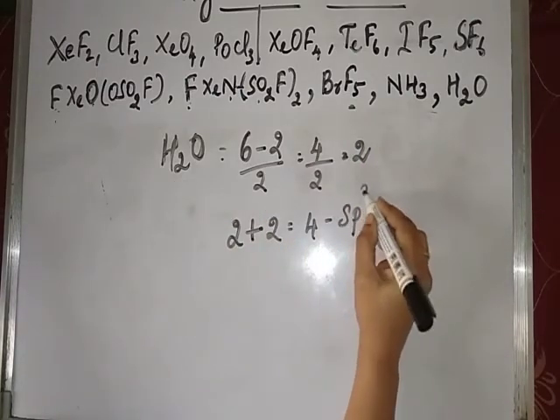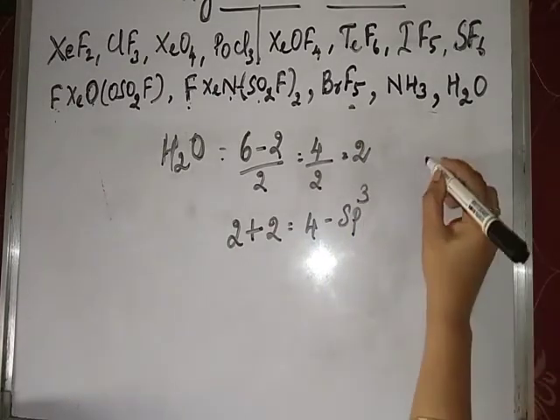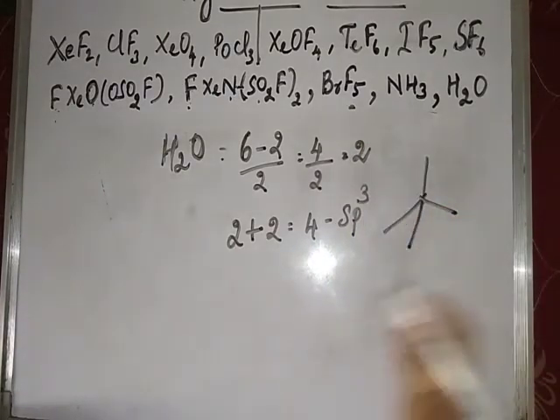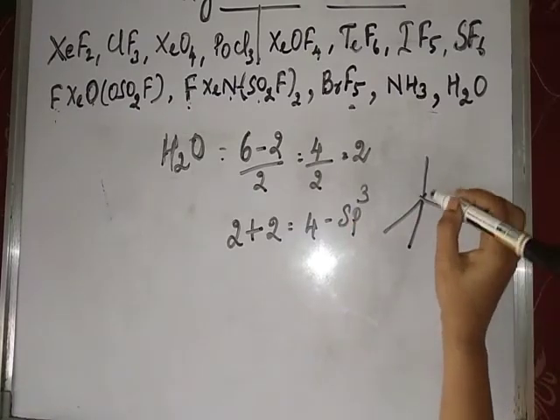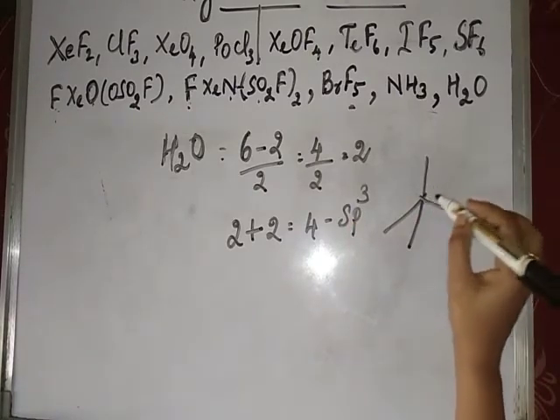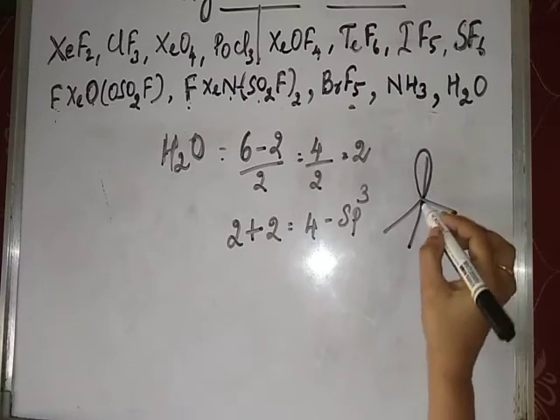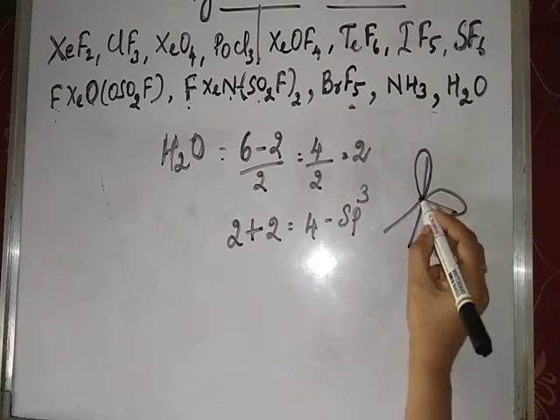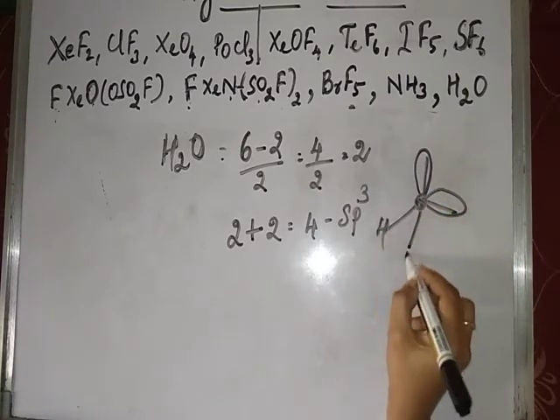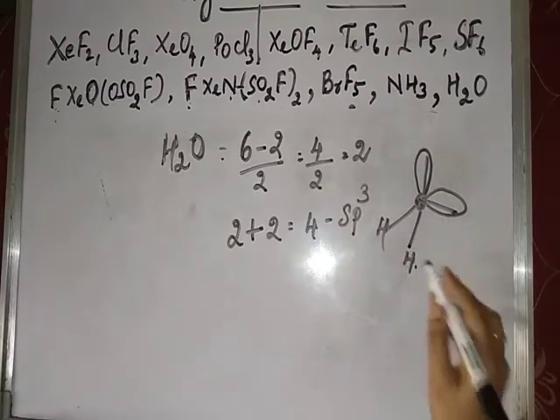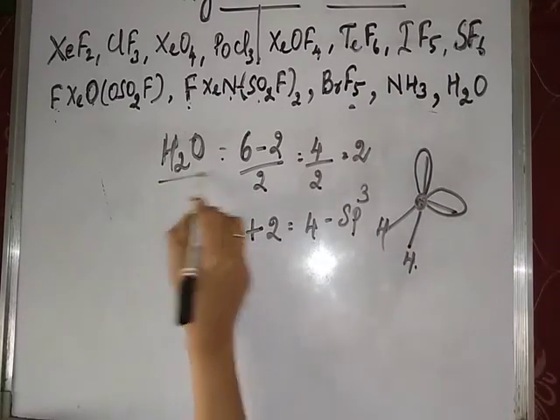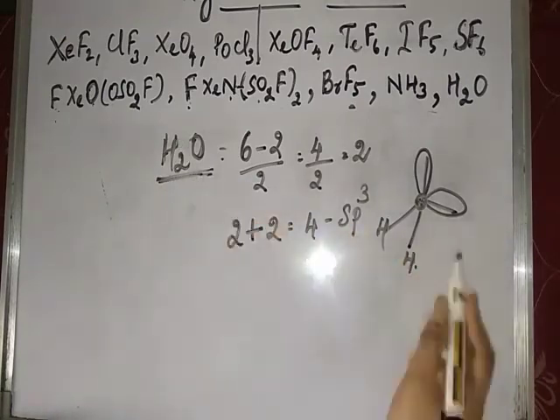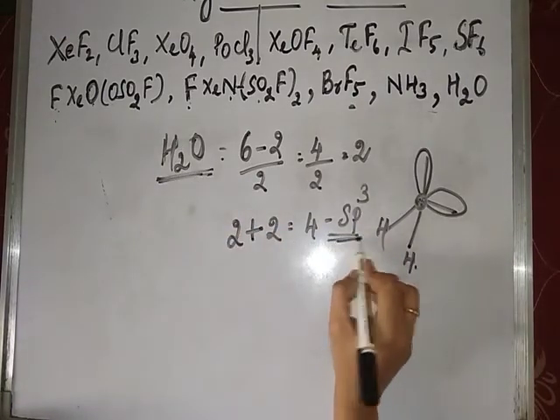So it is sp3. sp3 means tetrahedral geometry. 2 lone pairs of electrons are there, so you can make it like this and this. This is the oxygen atom, which has 2 hydrogens. So always keep it in your mind: H2O is sp3 hybridization.